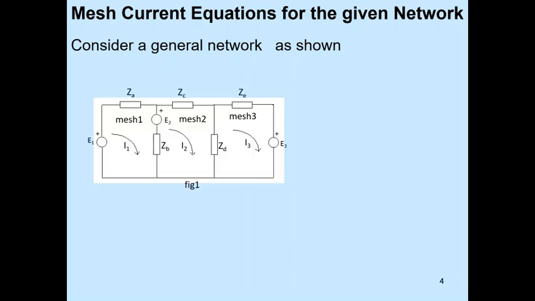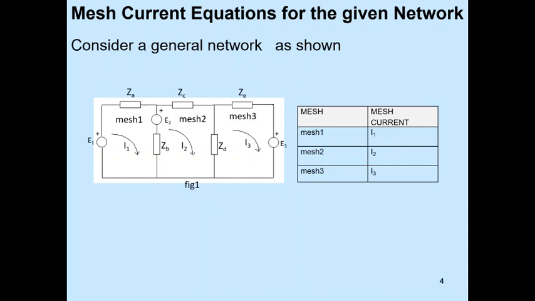Consider a general network. This is the network. Here we are taking 3 mesh currents. In this circuit, 5 branches are there and 3 nodes are there. So 5 minus 3 plus 1 is equal to 3 mesh equations.